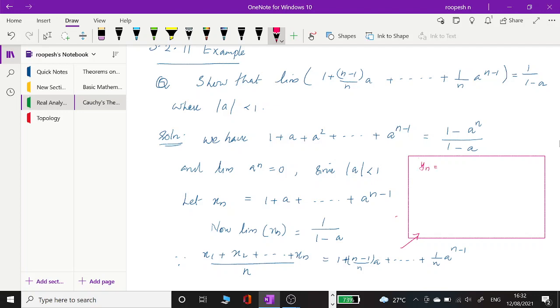I'm writing yn equal to x1 plus x2 plus etc plus xn by n. Now what about y1? y1 means only n equal to 1, right? So x1. For y2, n equal to 2, so it should be x1 plus x2, right?